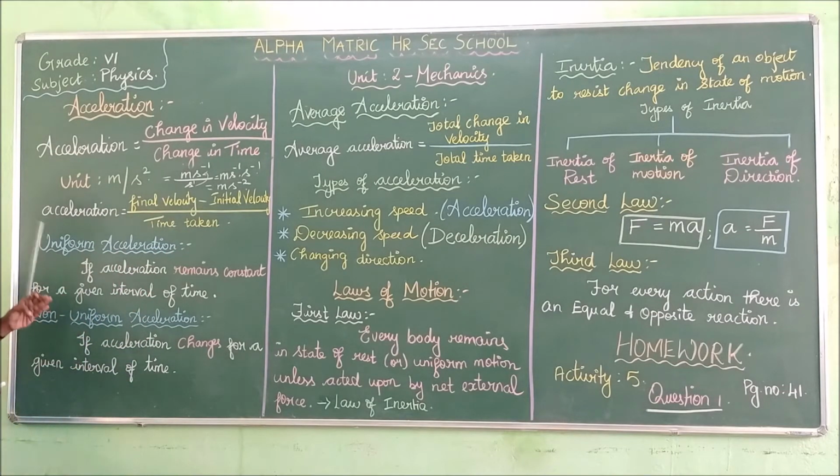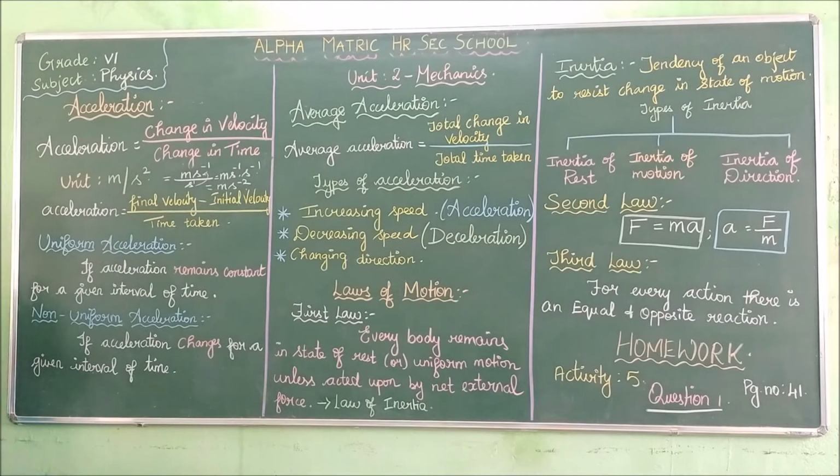Is it clear? Next, we are going to see the two types of acceleration, namely uniform acceleration and non-uniform acceleration. What is meant by uniform acceleration? If an acceleration remains constant for a given interval of time, it is said to be uniform acceleration.